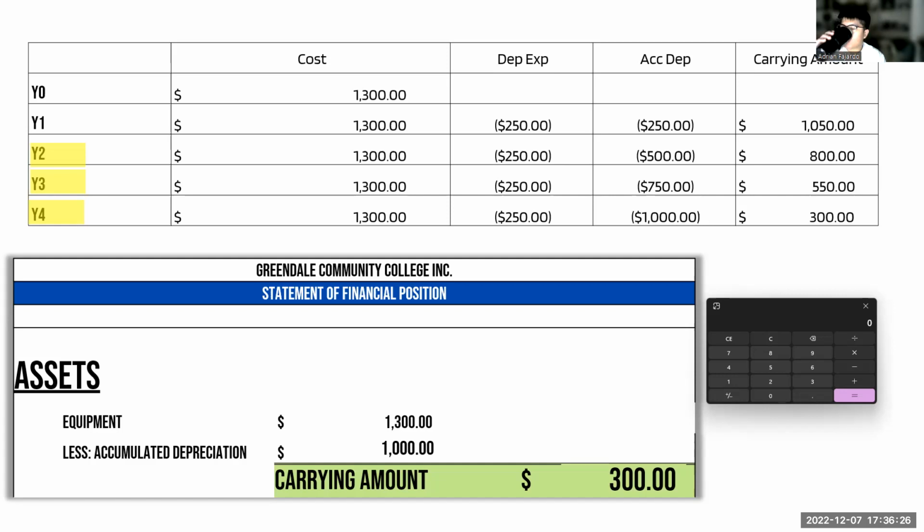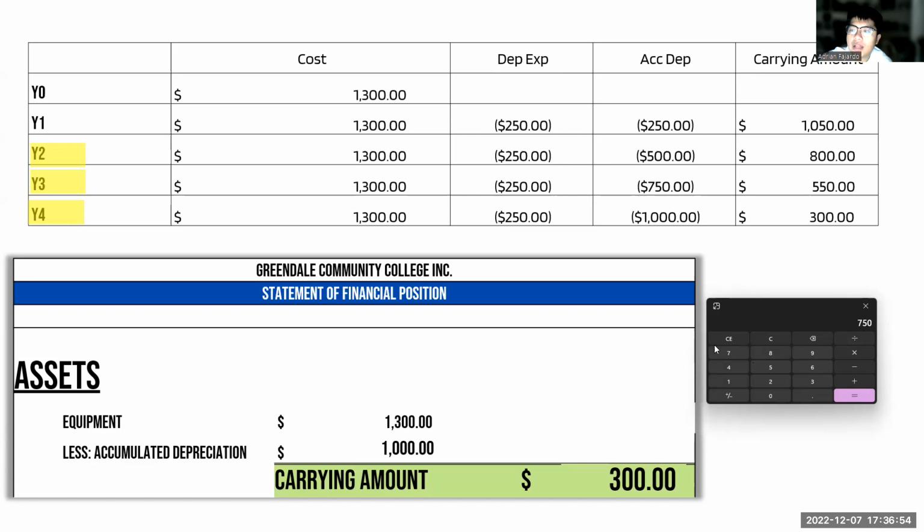Now, when you're an expert, and then yung tinatanong sa inyo is, what is the carrying amount at year 3? What you can do is just go straight to it. How do you do that? You know that the annual depreciation expense is 250 per year. So since 3 years have passed, 1, 2, 3, times 3, you can confidently say that your ACDEP for that year is 750.